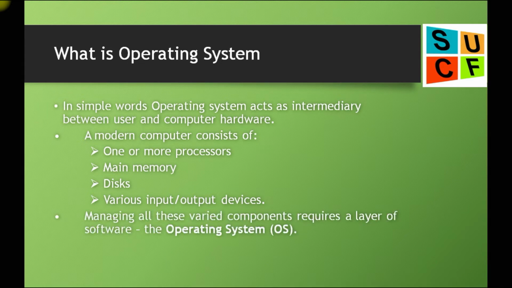To manage, run and operate all these devices, we need a software. That software is called the operating system, or system software, which is used to run the system components.